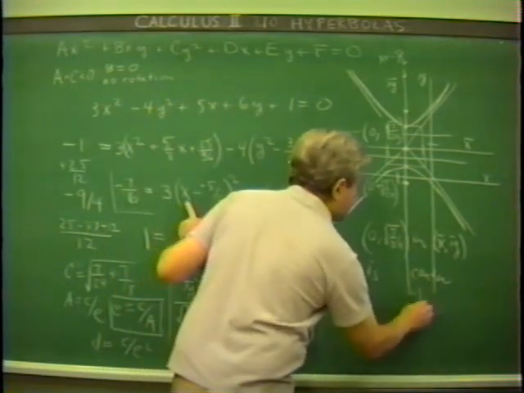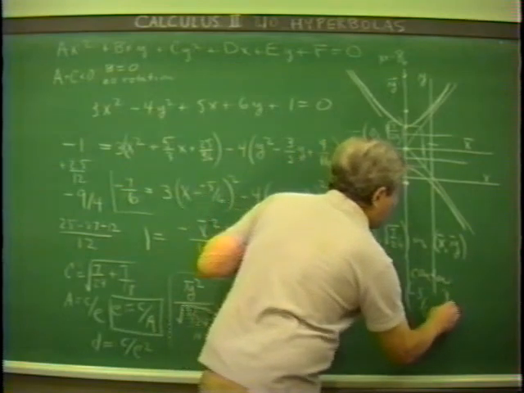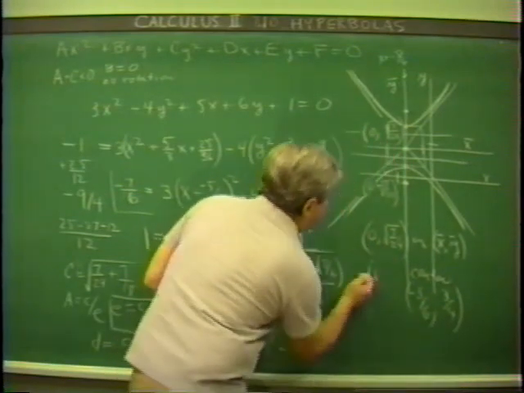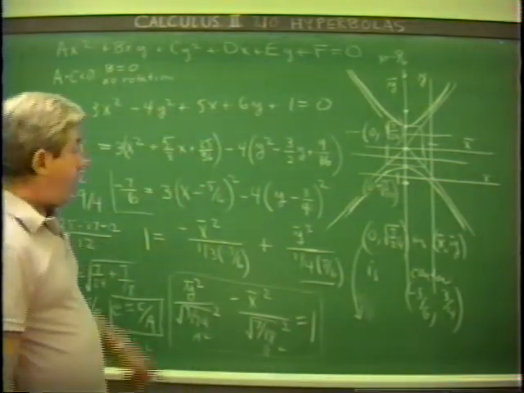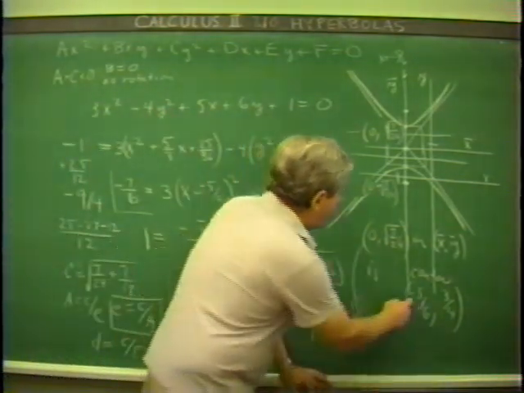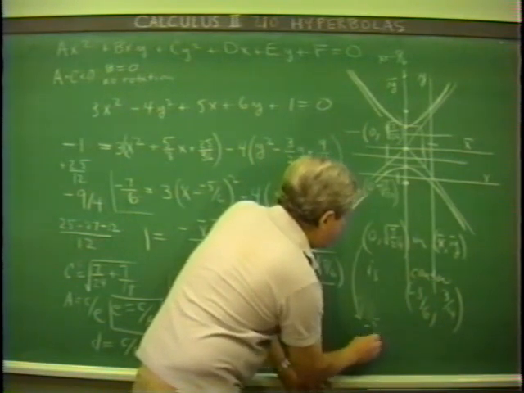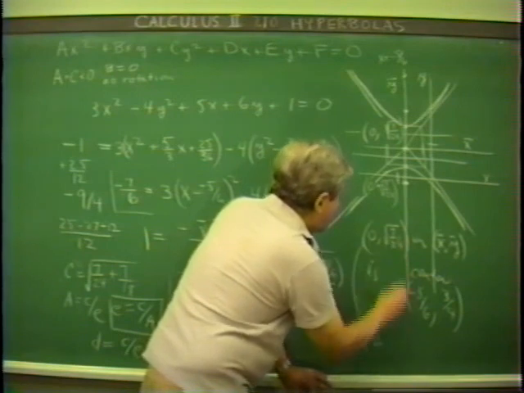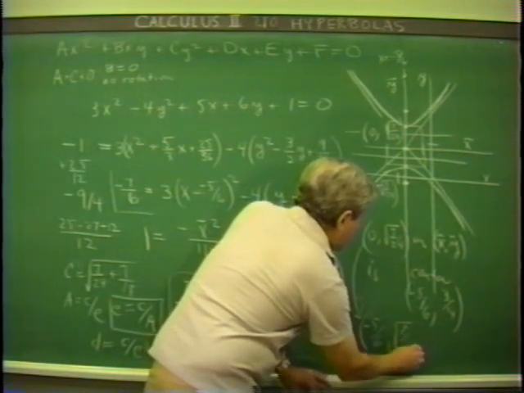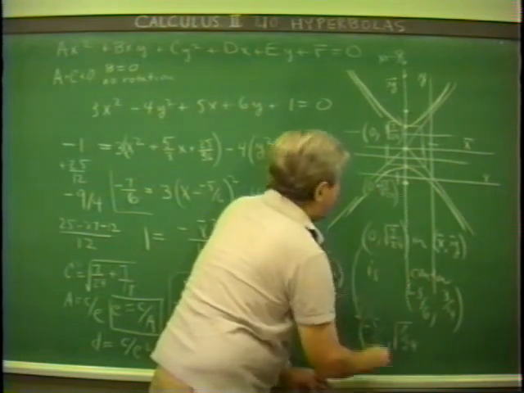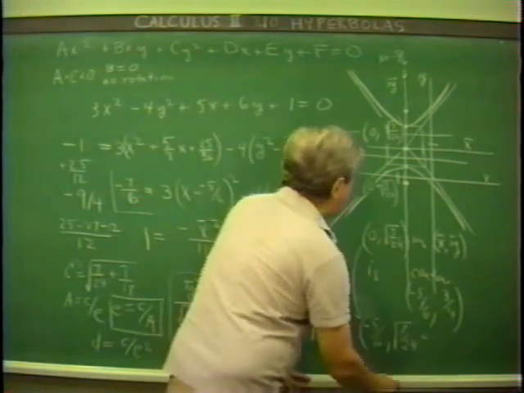X bar is at, the center here is at -5/6, 3/4. Right? So to get this point in the XY coordinate system, it's 0 here, so it's going to be -5/6 in the XY coordinate system, and here it's square root of 7/24.